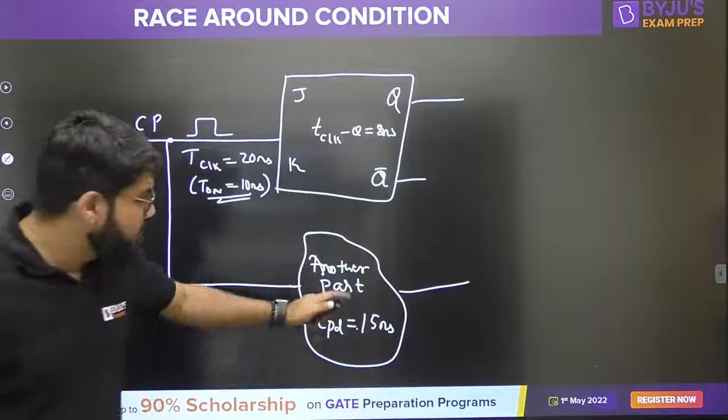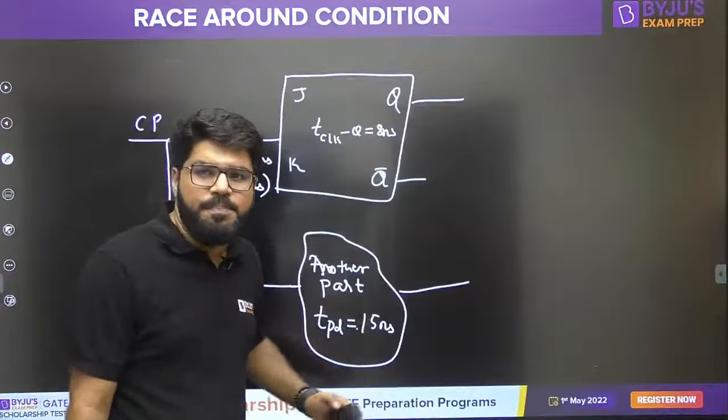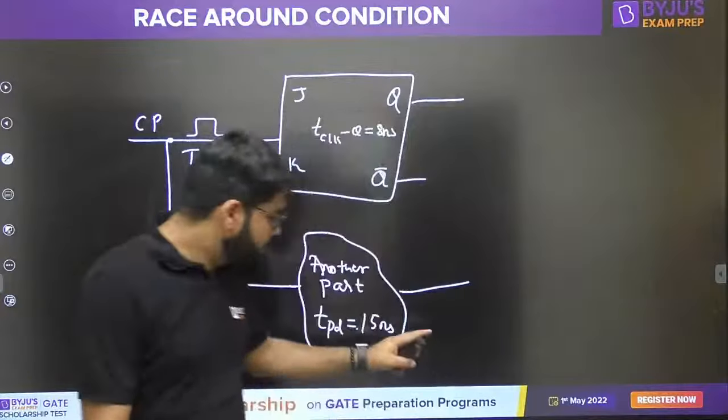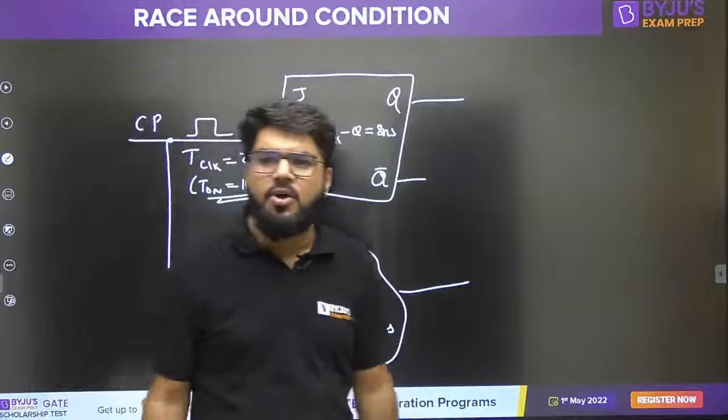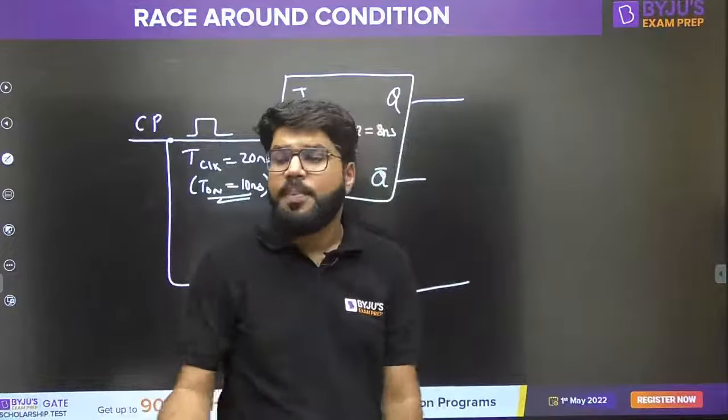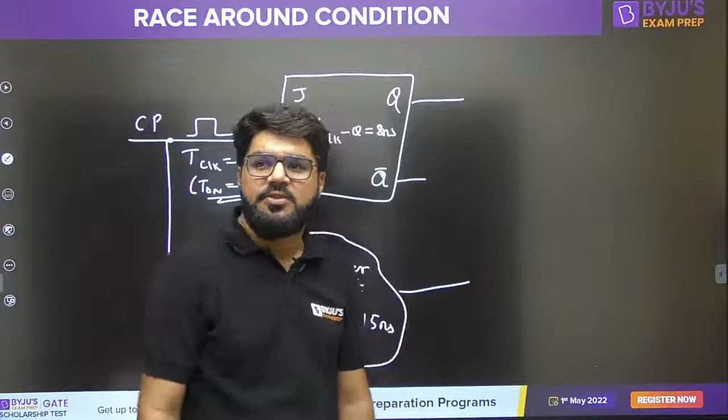So this circuit will be hurt. It may not be able to complete its operation because much before 15 nanoseconds you make the clock off, you close the door, and the operation may not be completed successfully.